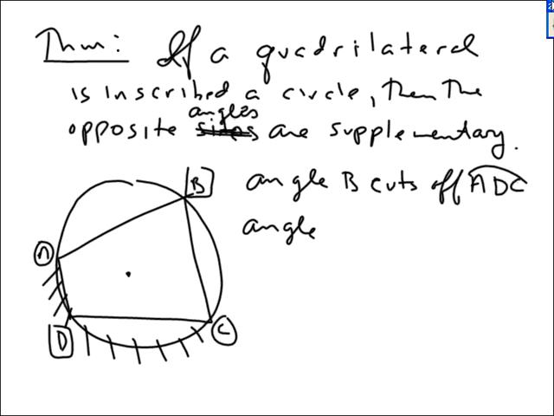Angle D, on the other hand, cuts off a different arc, arc ABC.